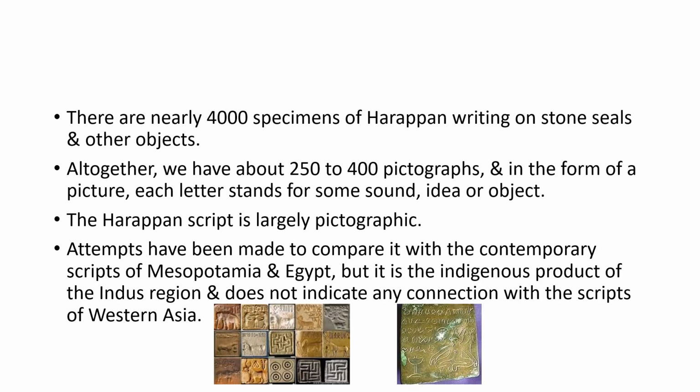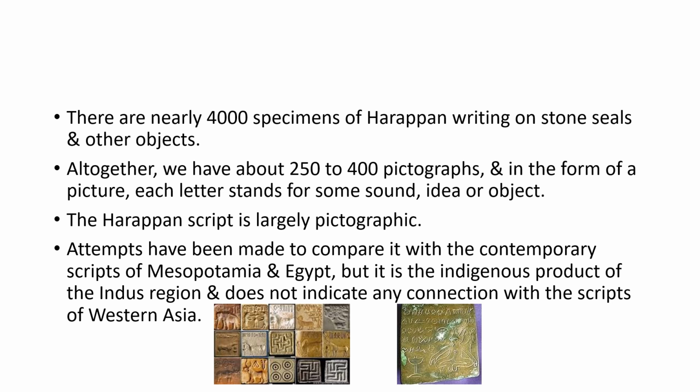There are 4,000 specimens of Harappan writing on stone seals and other objects, as you can see. And unlike the Egyptians and Mesopotamians, the Harappans did not write long inscriptions. Most inscriptions were recorded on seals and they contain only a few words. These seals may have been used by the propertied to mark and identify their private property.